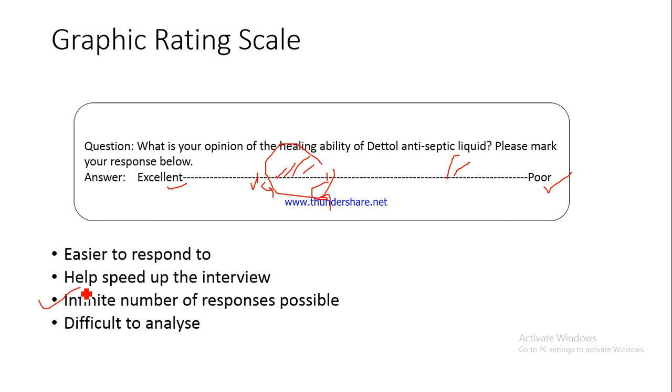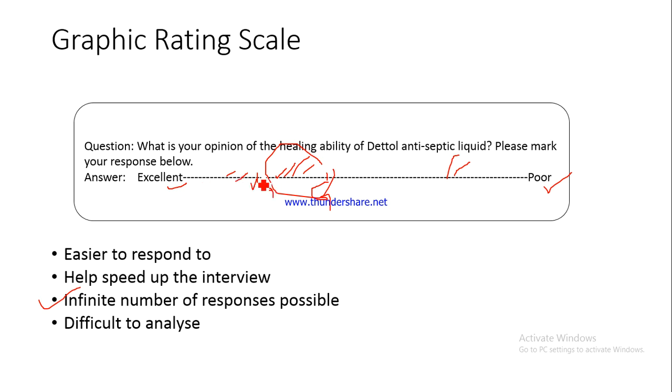However, it is difficult to analyze. Can you compare it with the itemized rating scale? In the itemized rating scale, either he marks excellent or very good or poor or average. Here, he can mark somewhere between excellent and poor, somewhere here, or here also. So, you will require some more time to actually understand what he is trying to convey, right?